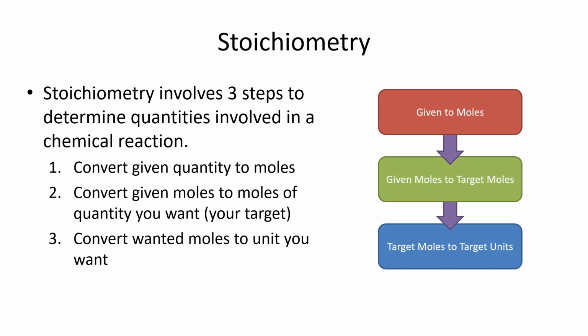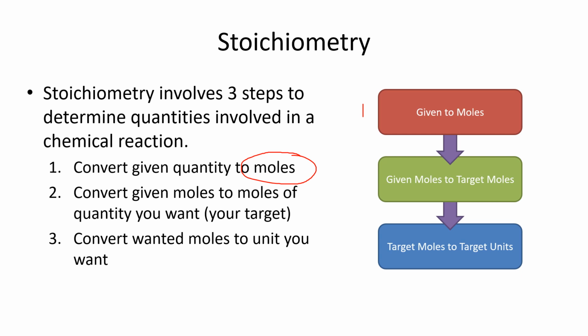So stoichiometry involves using those mole conversions from earlier, along with this new concept of a mole ratio from a balanced equation, in order to work out quantities within a chemical reaction. And there's 3 steps that you're going to follow in order to do that. First off, whatever measurement you have or are given, you're going to convert that into moles. So that's step 1.